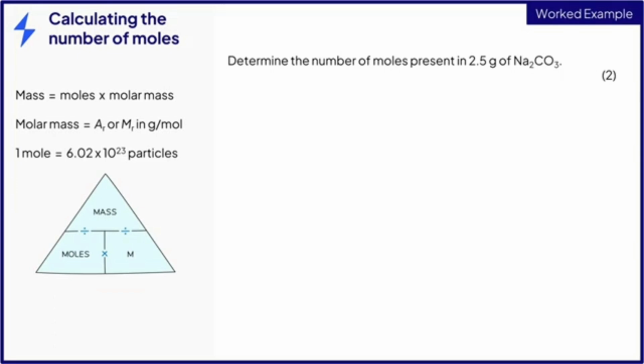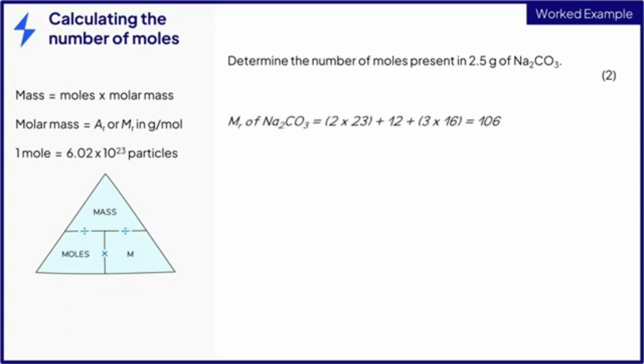This relationship can be used in a number of different ways, so we will look through some worked examples to demonstrate some of these. This question asks you to determine the number of moles present in a given mass of a substance. The relationship linking mass and the number of moles also requires the molar mass, so the first step is to find the molar mass by calculating the relative formula mass of the substance.